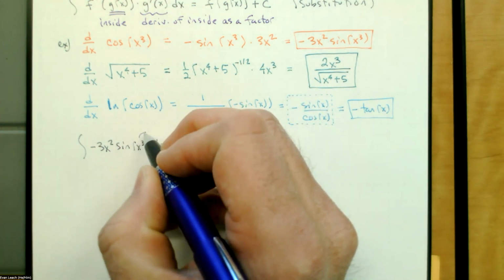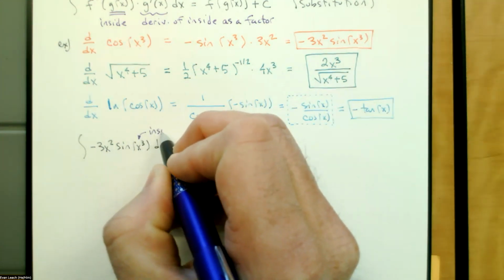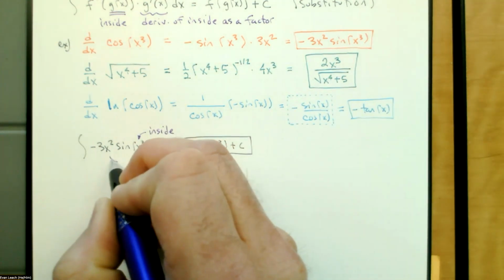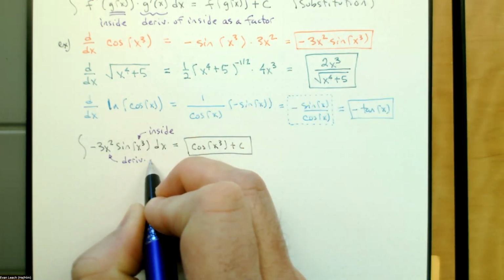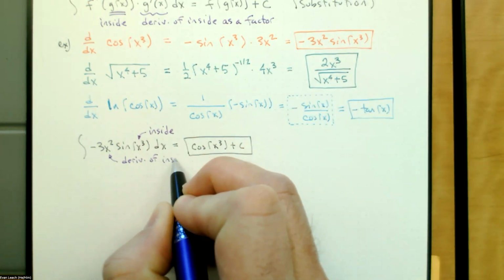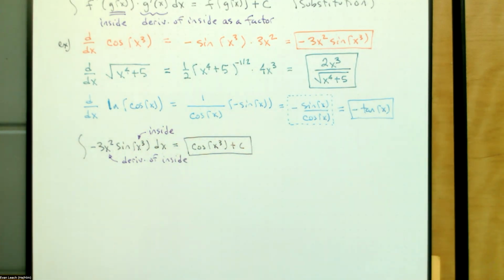I see this x cubed is an inside, and this x squared is the derivative of the inside. Specifically, the derivative of the inside as a factor.